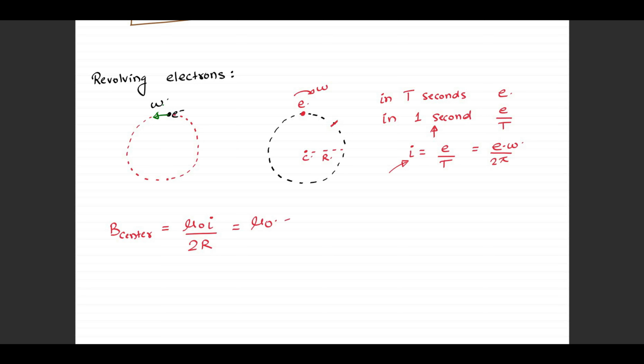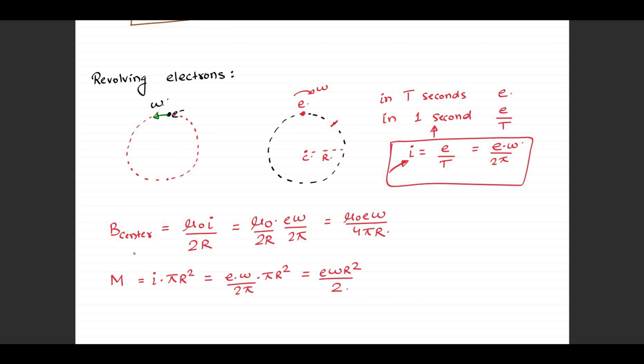If I put the value of I, it will then become... If I ask you the magnetic moment of this, it will be I into A. Instead of I, I can write... So in this way we can analyze a revolving electron as a current carrying loop with this given current I, right? You can note this down.